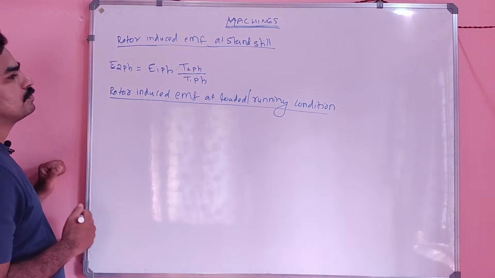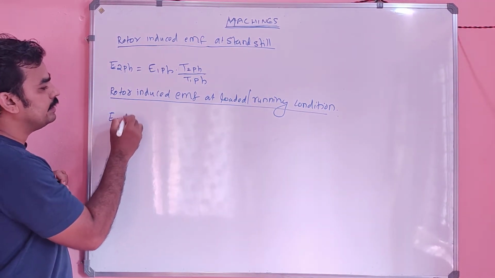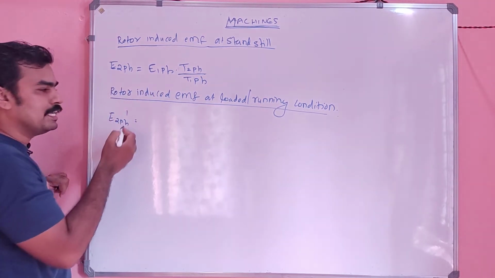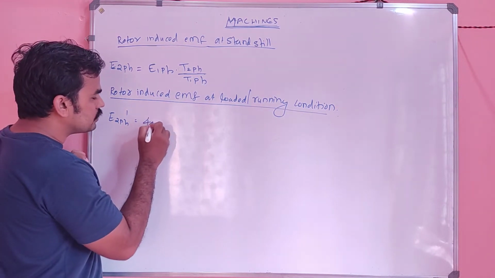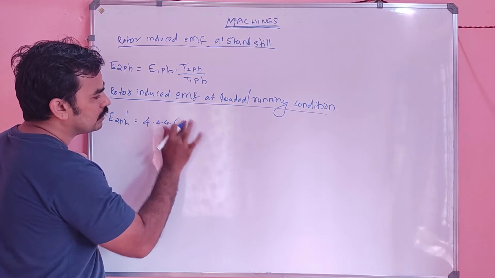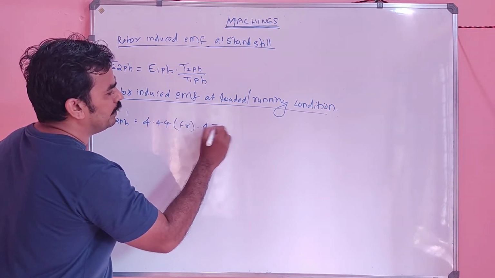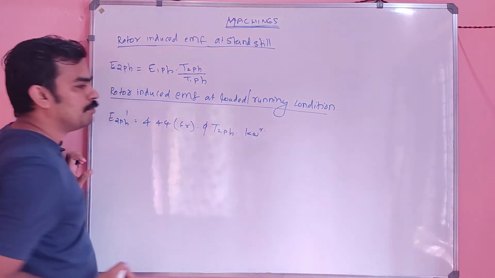Say it will be E2 phase dash. Rotor induced means simply E2 phase. Dash means it is under running or loaded condition. It will be equal to 4.44 into Fr into phi into T2 phase into Kwr.